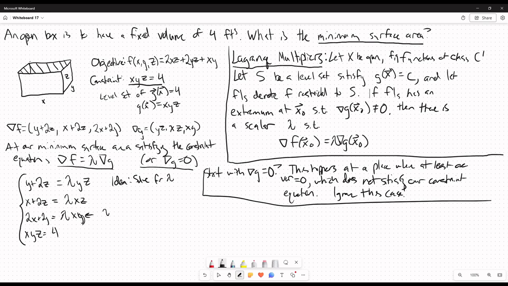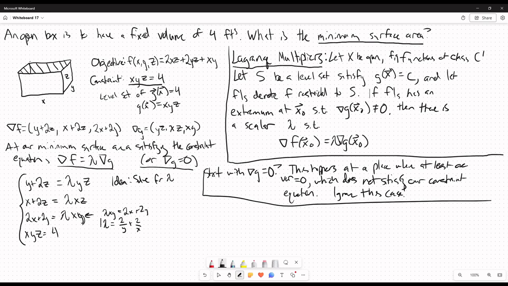So we have lambda xy equals 2x plus 2y. That's going to get me that lambda, if I divide both sides by xy, is going to equal 2 over y plus 2 over x. So what we can do, first of all, we should note that y and x can't be 0 because, of course, that would fail our constraint equation. So that's good.